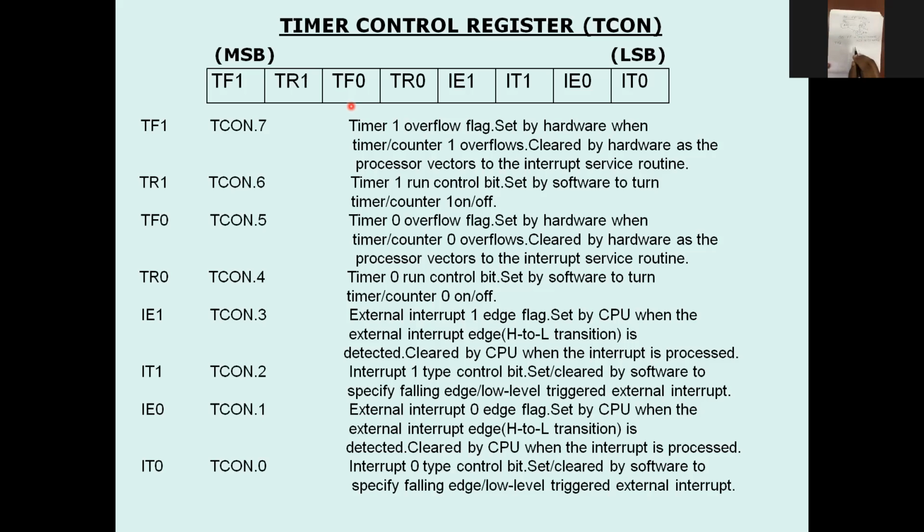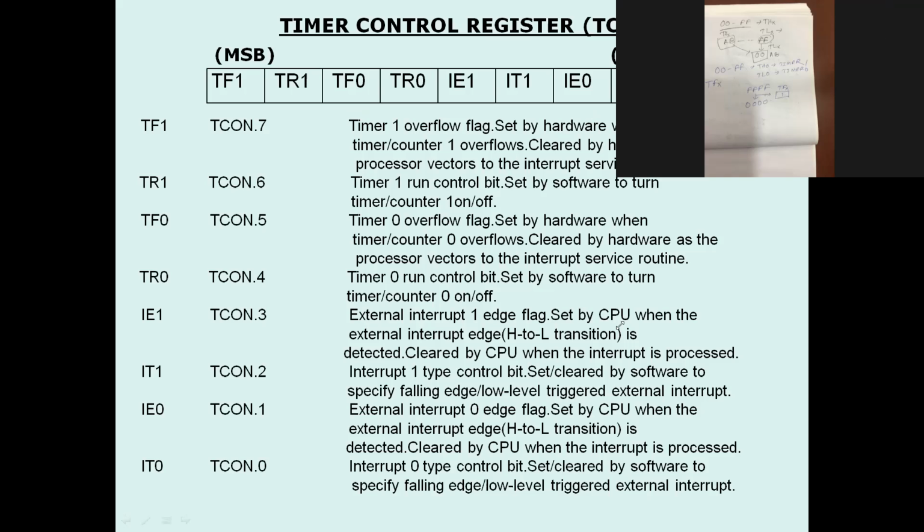Say in 16-bit timer mode, after FFFF, what will be the content? 0 0 0 0. It means this timer has overflowed, and the corresponding TFX bit will be automatically set to 1. By seeing the TFX bit, we can understand whether the timer counting is going on or it's over.